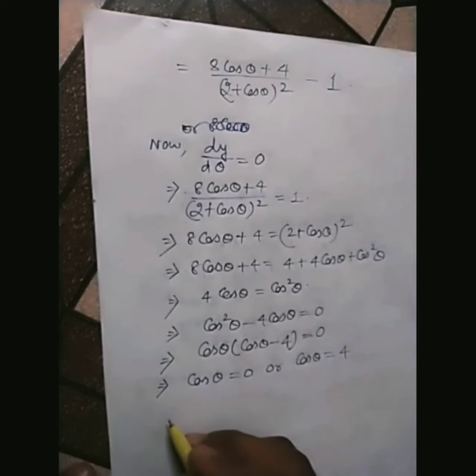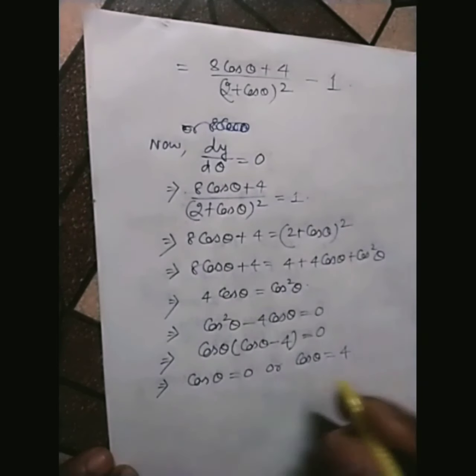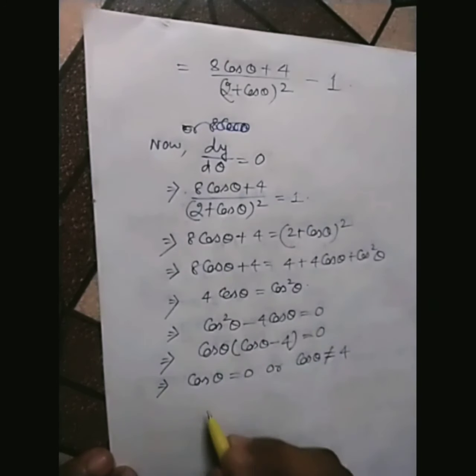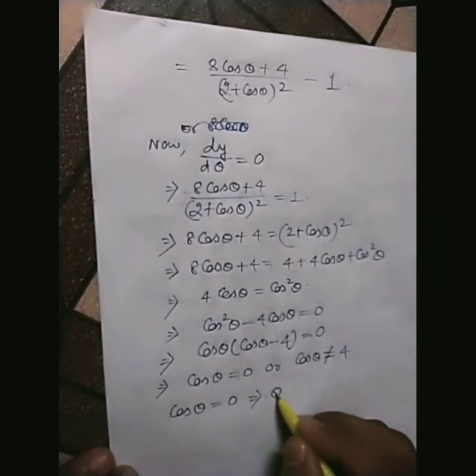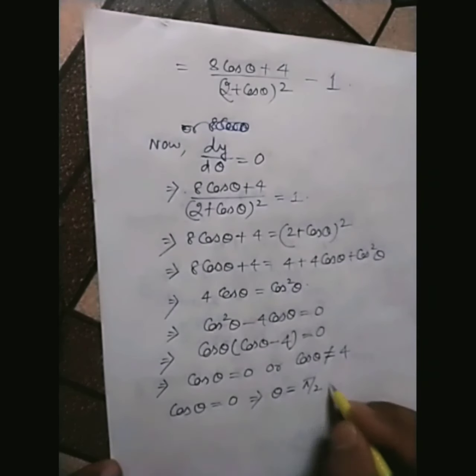Okay, cos theta cannot be equal to 4, it will only be 0. So cos theta equals 0 implies theta equals 90 degrees, because cos 90 is equal to 0, so you are getting pi by 2.